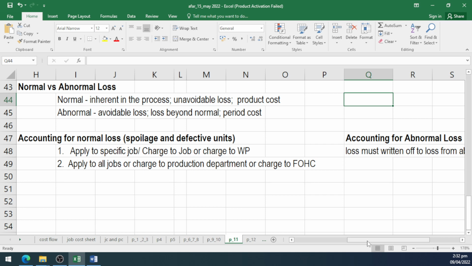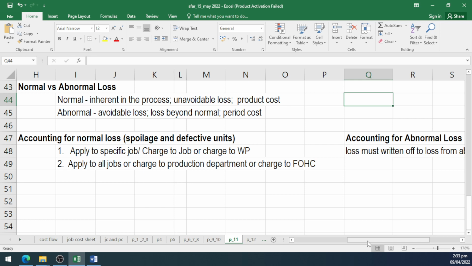Pero dun sa apply to specific job, hindi kasama yan sa overhead rate eh. Kaya, pag na-incur, naka-charge sa work in process, naka-charge dun sa job. In either case, product cost yun, ladies and gentlemen. Sa apply to all jobs, nauuna kasi kasama na sa estimate. Lahat na ng jobs, mayroong pro rata.